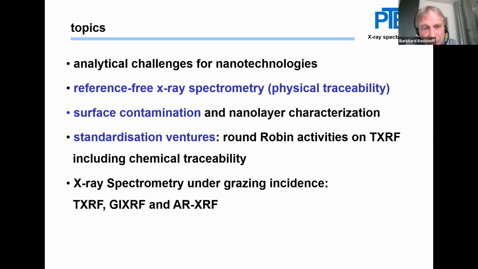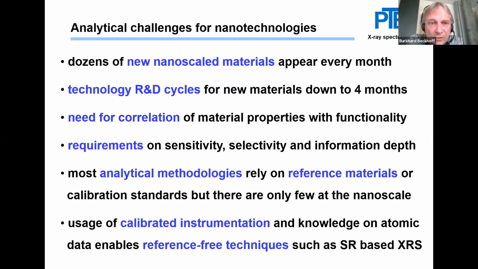And I'd like to briefly reflect some of the standardization ventures of the last 20 years and try to contribute to, let's say, the clarification of terms that we are having in X-ray spectrometry under grazing incidence, which includes, of course, TXRF in the angular range below the critical angle of total reflection.